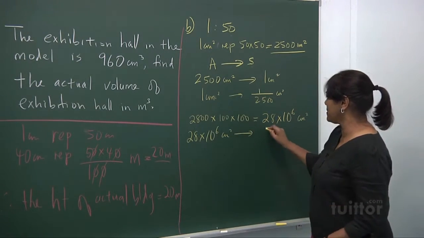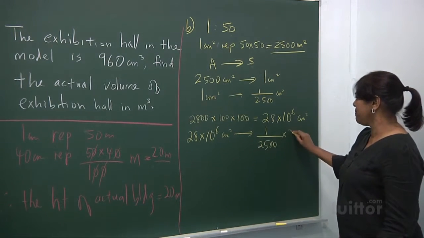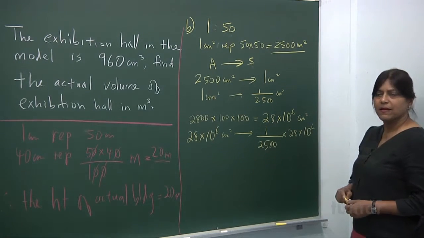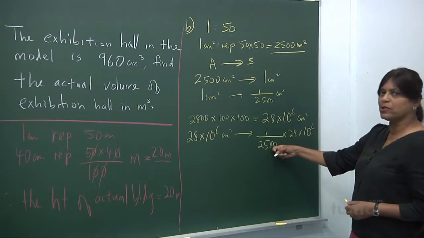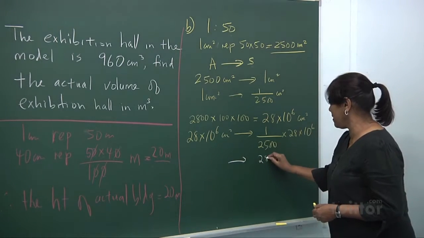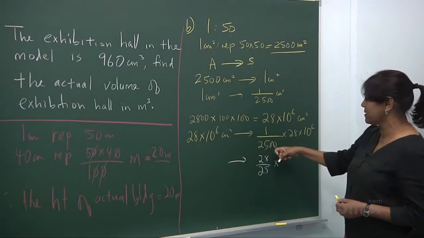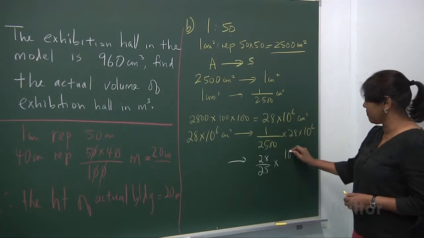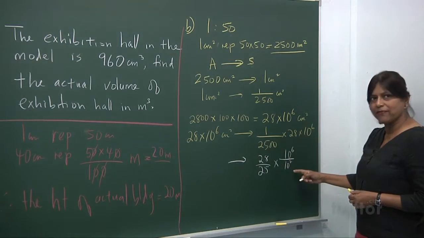Will be represented by, put this down and multiply it by 10 to the power of 6. You can see that here is 10 to the power of 6, and here is 10 to the power of 2, with 28 on top and 25 below.